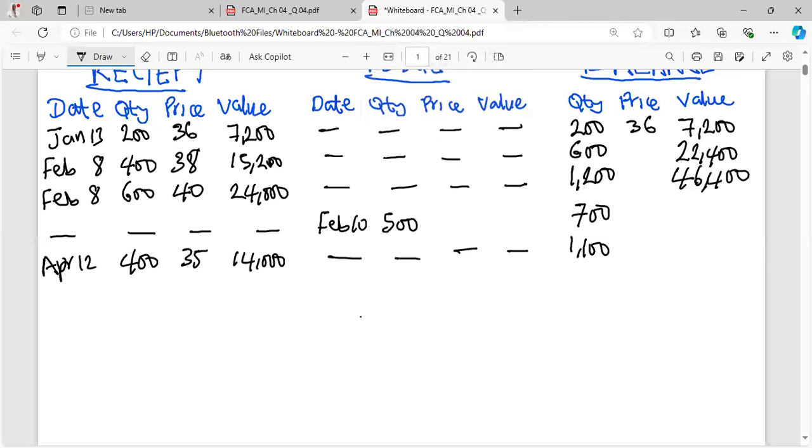So April 20 is going to be here. April 20, there's an issue of 600. We don't know anything here, so we'll put dash first here. Here, 600, take it from 1,100, it's going to be 500.